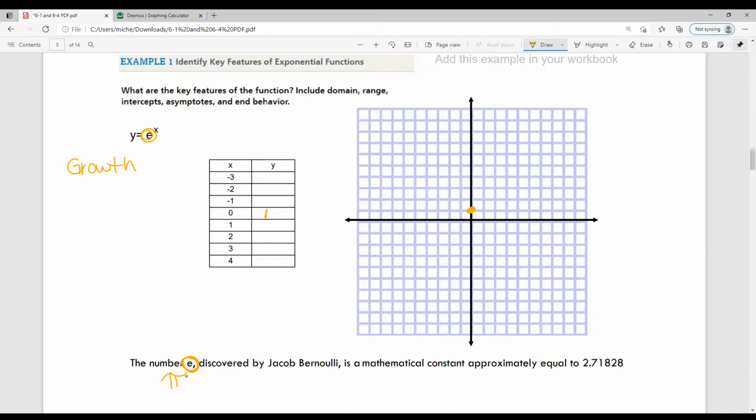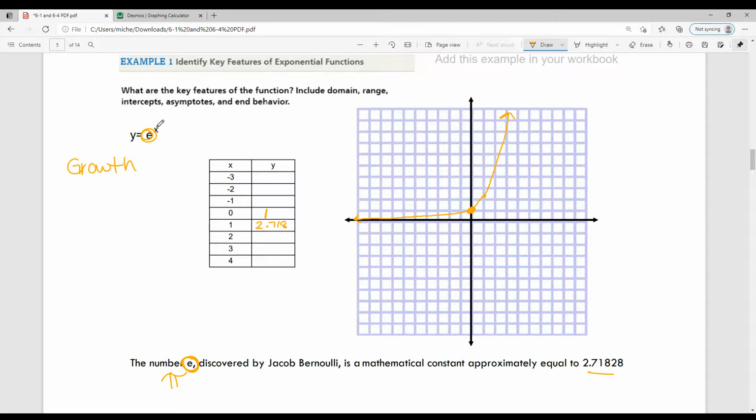Since it's exponential growth, if x is 1, y would be 2.718-ish, whatever this number is, because anything to the first power is itself. I can get a pretty rough sketch of what this exponential function looks like, because all exponential functions have the same shape. They're either going to grow or decay. So know that the letter e is going to come up quite a bit.